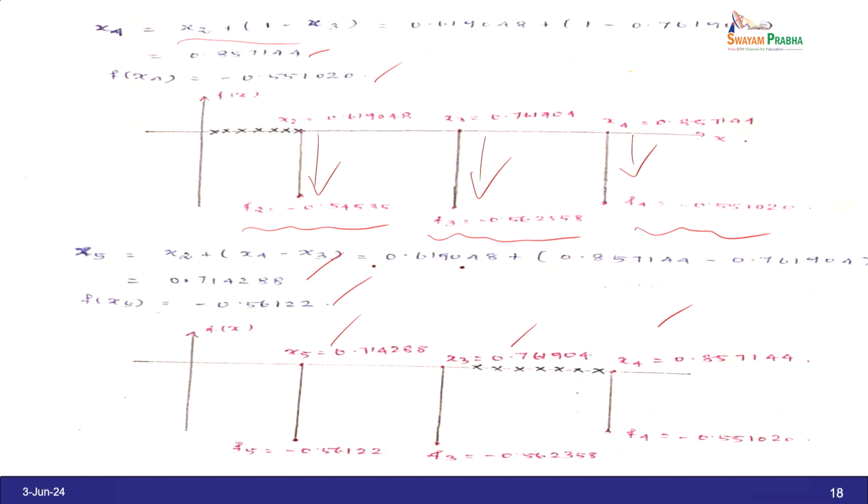Now, f3 and f5 are nearly equivalent to two decimal places. Compare with f4, f3 is lesser than f4.